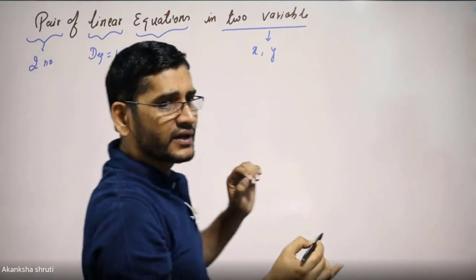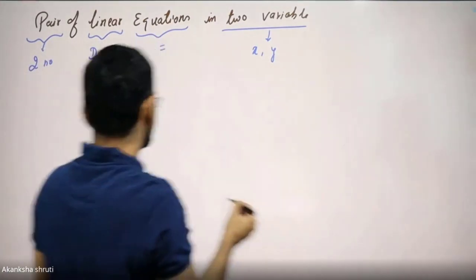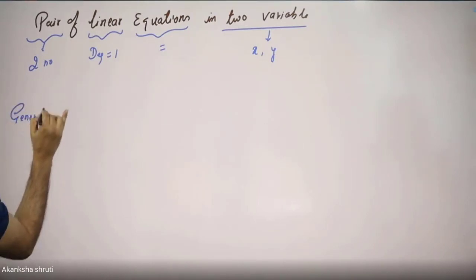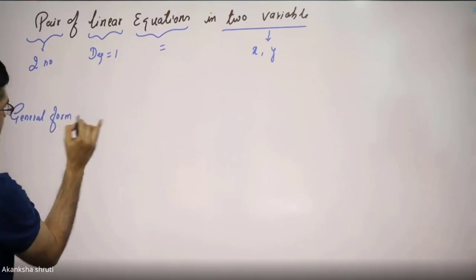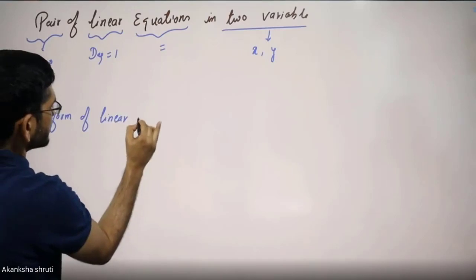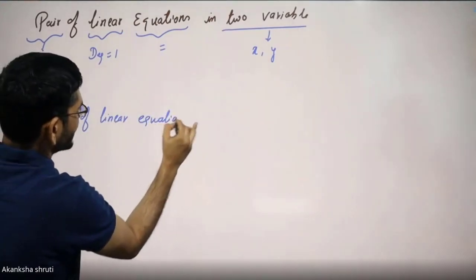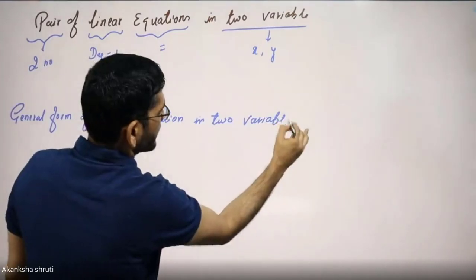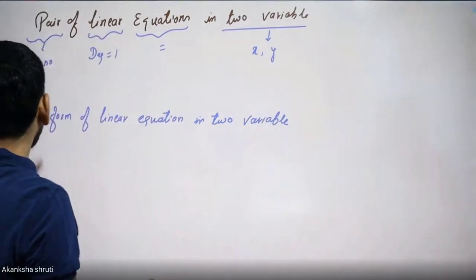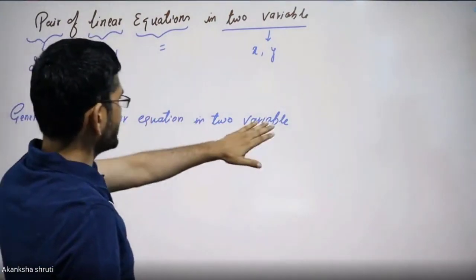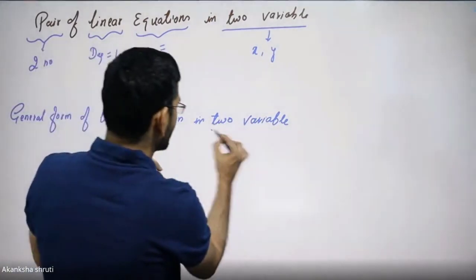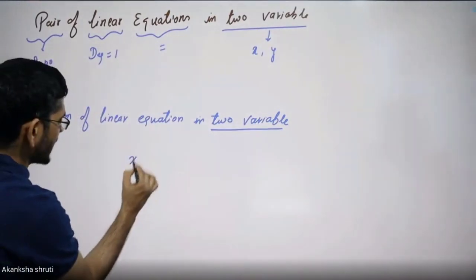Most commonly, the linear equation in two variables is denoted like this. Say, the general form of a linear equation in two variables. So students, the general form simply means in terms of some constants and variables, how it is denoted. There must be two kinds of variables.